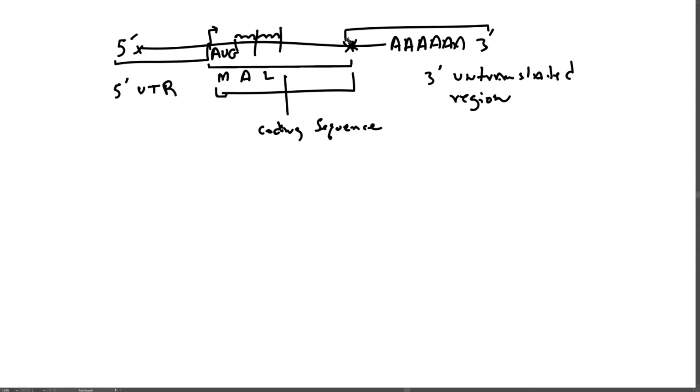And if you were to translate these regions, the 5' and 3' untranslated regions, you would find other stop codons, triplets that encode a stop, and the area from this stop codon to this stop codon is called the longest open reading frame.